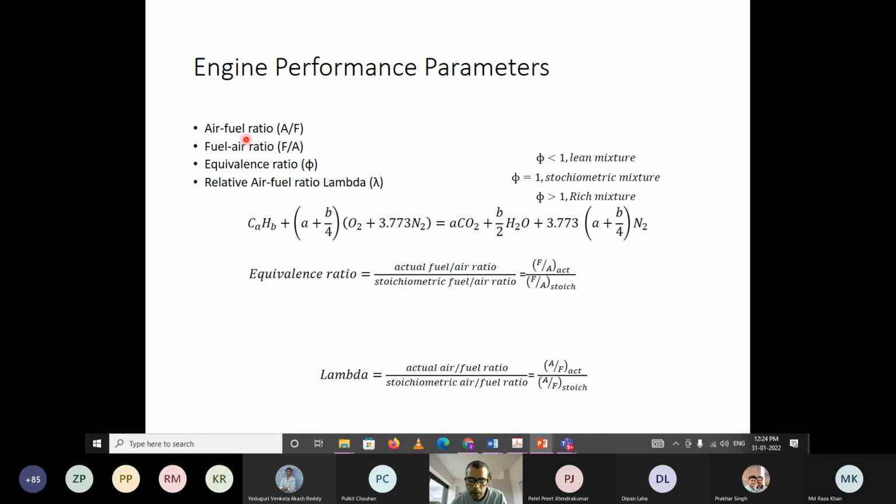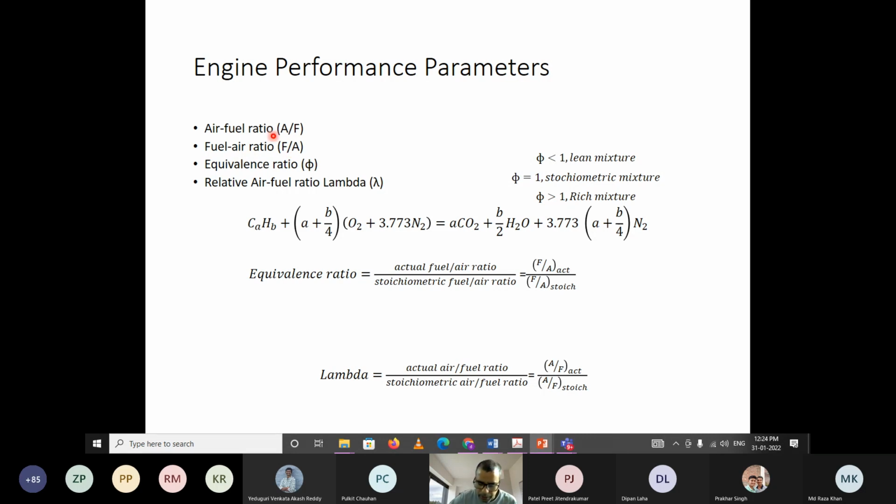So both parameters are known to us. When we take the ratio of these two measurable quantities, mass flow rate of the air divided by mass flow rate of the fuel, it will give you the air fuel ratio. Or in the reverse manner, mass flow rate of the fuel divided by the mass flow rate of the air will give the fuel air ratio.